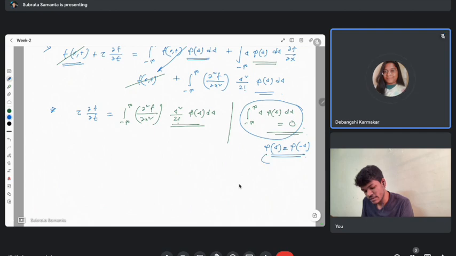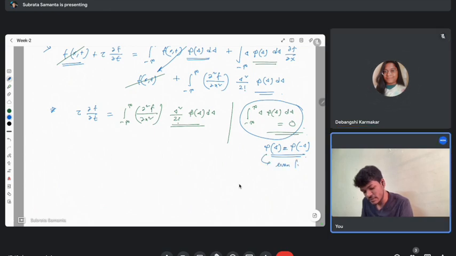Because phi is an even function and delta is an odd function. When you integrate over the full range, an even function times an odd function, we get equal and opposite signs, so when we add these, we get 0. Okay.